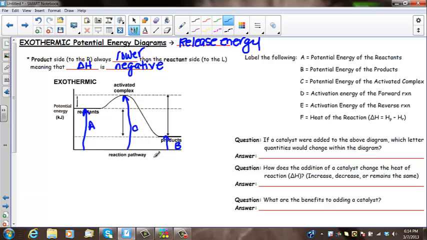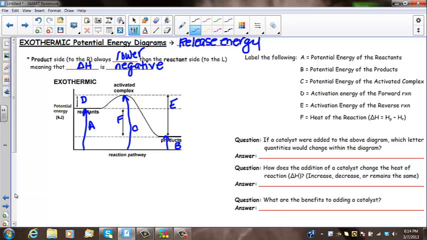That's C. The activation energy of the forward reaction, they have an arrow there for us already, so we'll just label that D. The activation energy of the reverse reaction, they have that labeled already, so we'll just label that E. And heat of reaction is always the potential energy of the products, in this case B, minus A, the potential energy of the reactants, which is going to give us this line here in the middle, F.